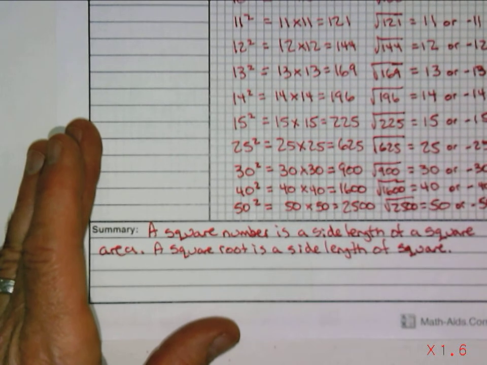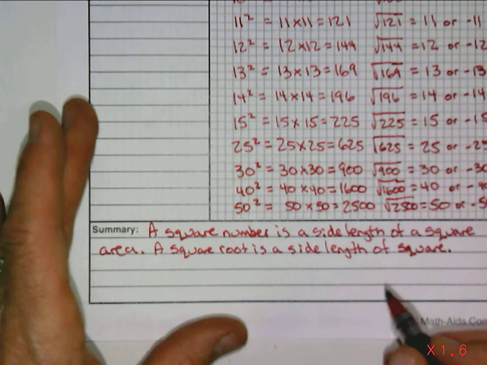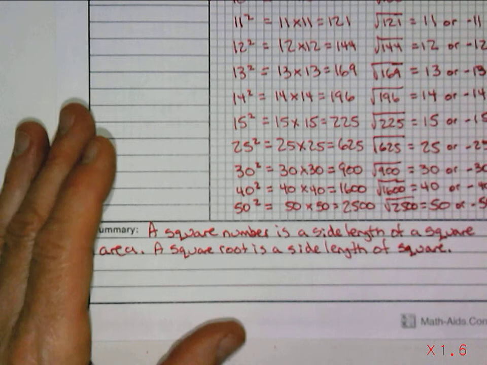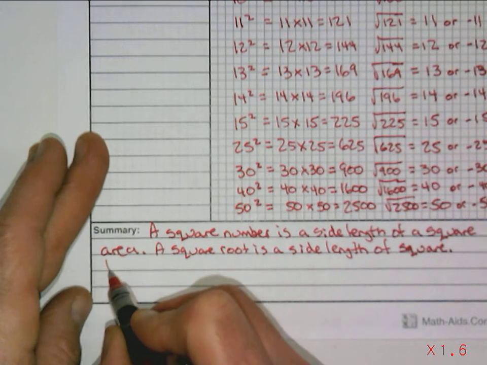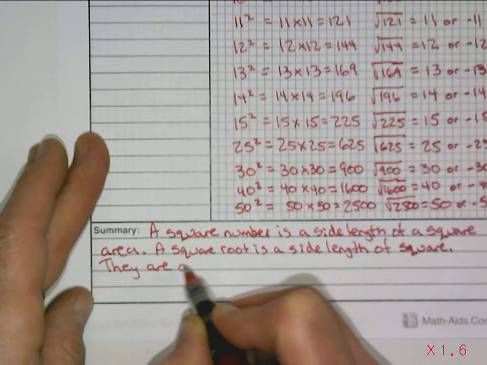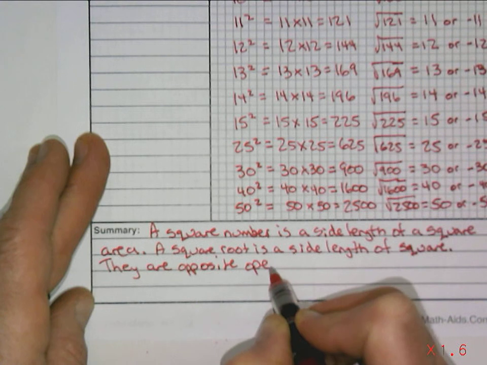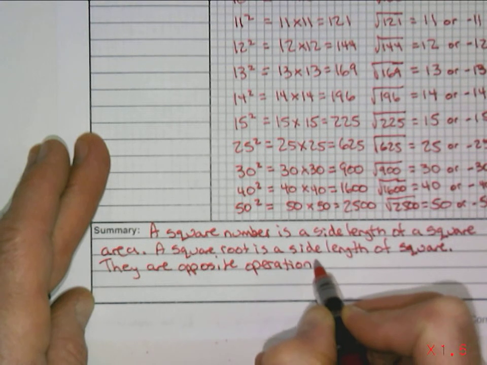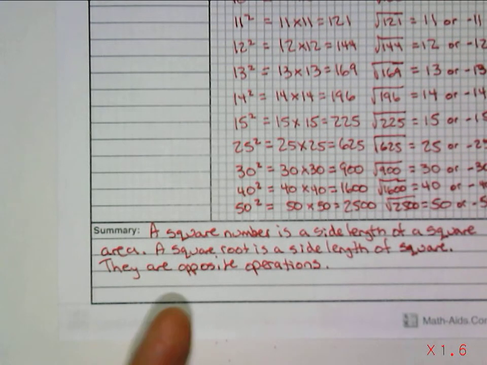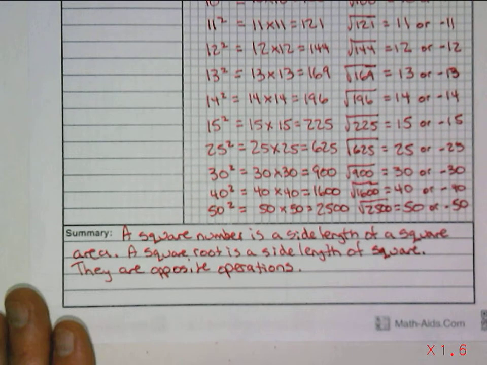And so that's how they are defined, or what they are. The only way they're really different is that they're opposites. So we could say they are opposite operations, kind of like multiplication and division are opposite operations. Addition and subtraction are opposite operations.